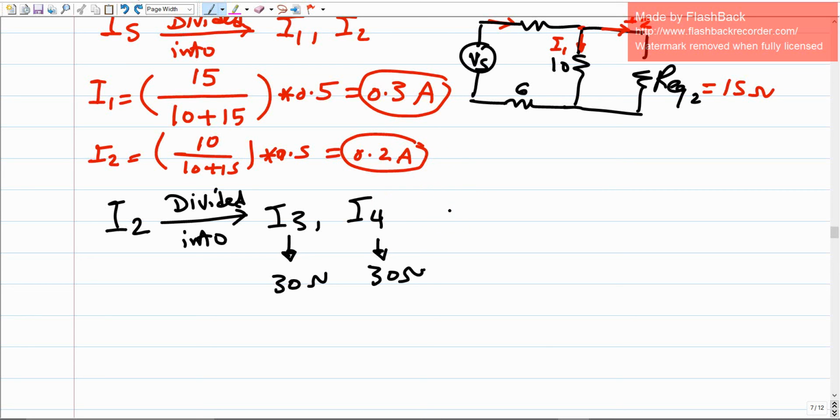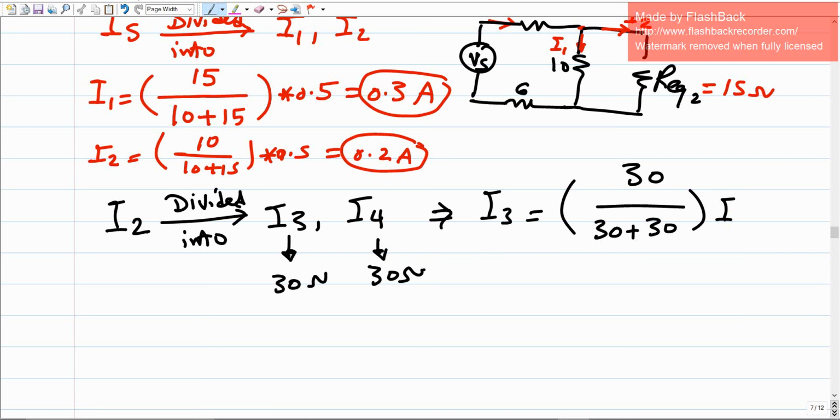But let us apply the current division principle to I3. So I3 should be the other resistance, which is 30 of the I4, divided by the sum of the resistances with the 30, times the total current, which is I2, which we just got as 0.2. If you did the calculation, this is going to give us 0.1 ampere for I3.